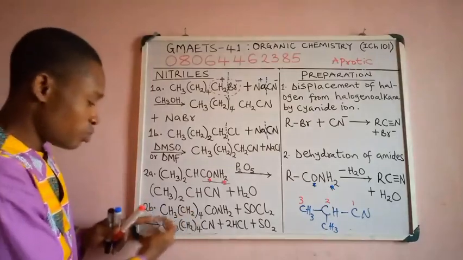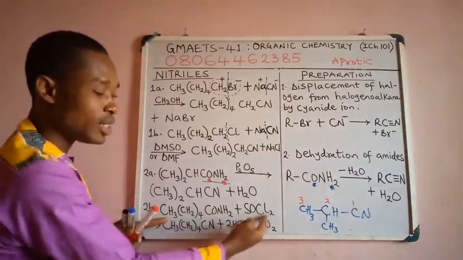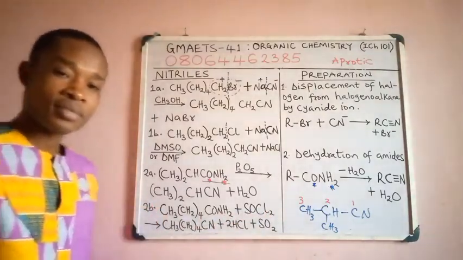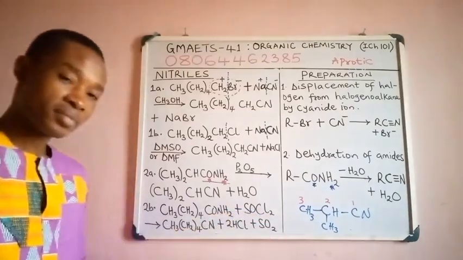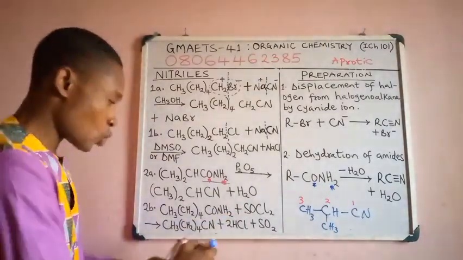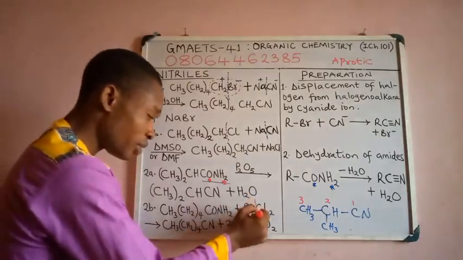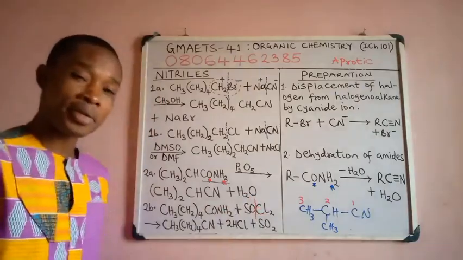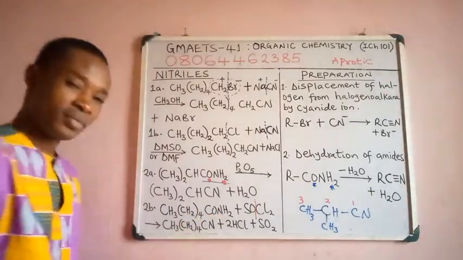What of the case 2B here, where you react the acid amide with thionyl chloride? What's going to happen with this thionyl chloride? During the reaction, there will be a bond cleavage. Let's watch what's going to happen. In the thionyl chloride, there will be a bond breaking between the SO and the Cl2. Then we come to this.